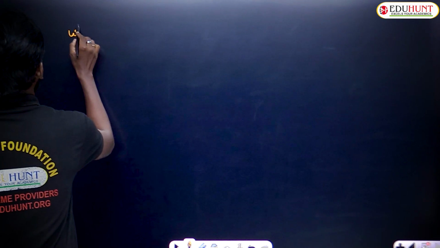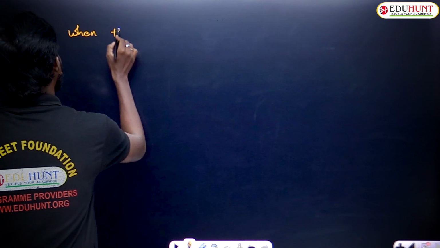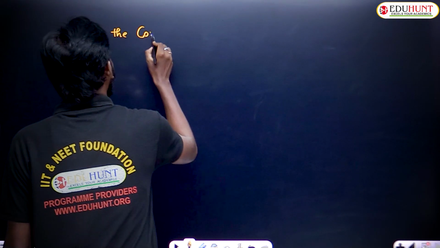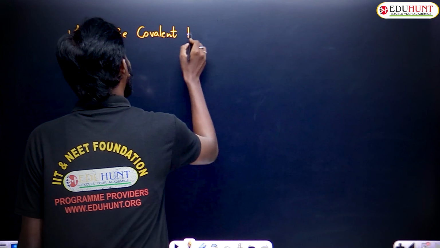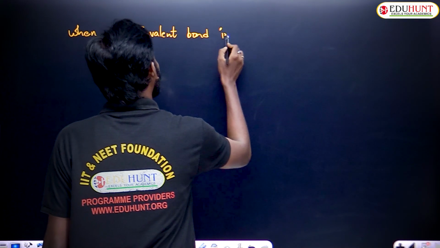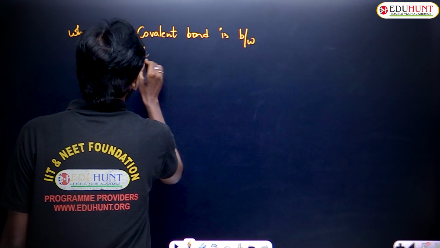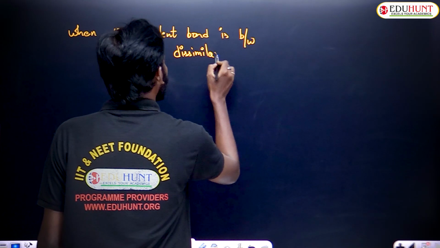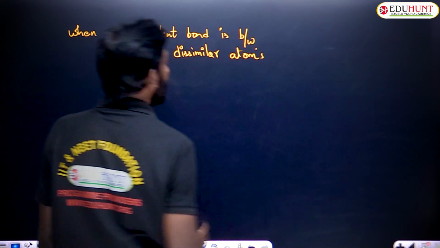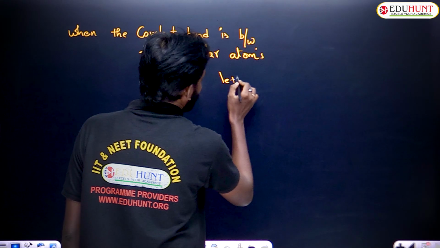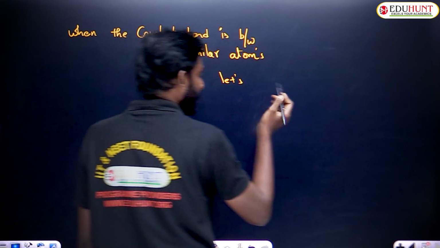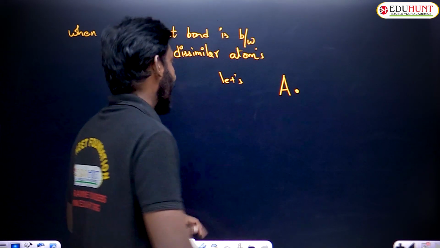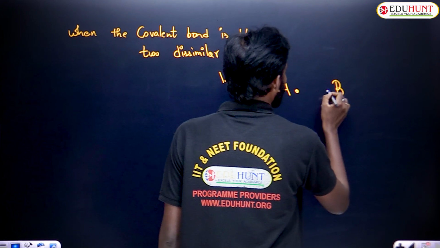Now, the covalent bond, that means shared electron pair. When the covalent bond is between two dissimilar atoms, let's take atom A has contributed its own electron, atom B contributed its own electron.